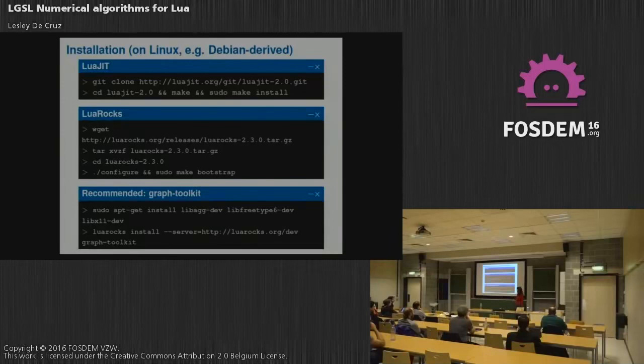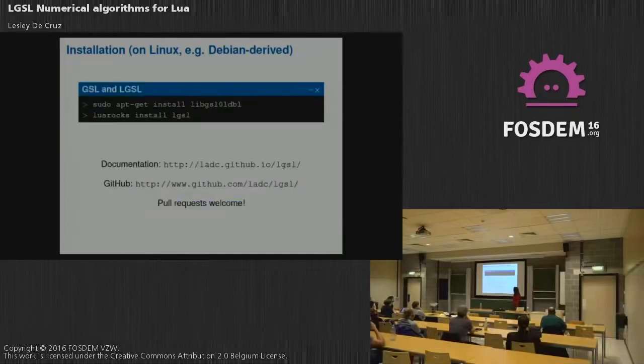It's very neat, very fast. So finally, installing GSL. Usually GSL ships with your distribution, and then it's just a one-liner: luarocks install lgsl. The documentation is available here. And please visit my GitHub page, because pull requests are always welcome. Okay. Thank you very much.